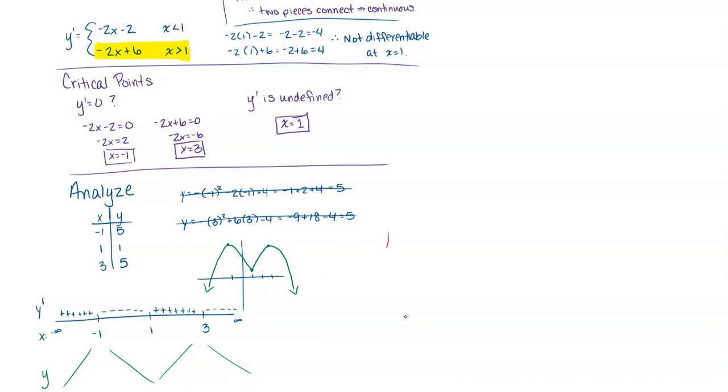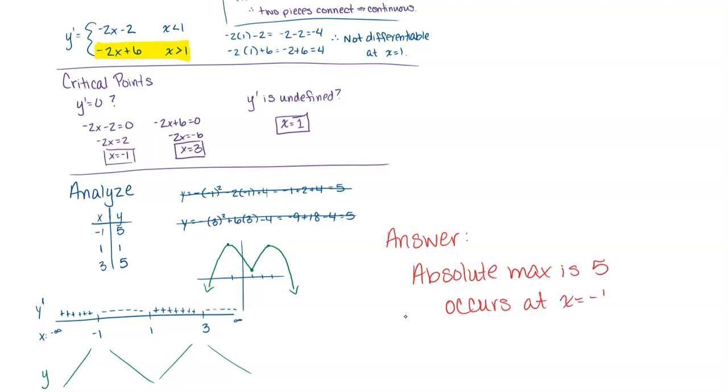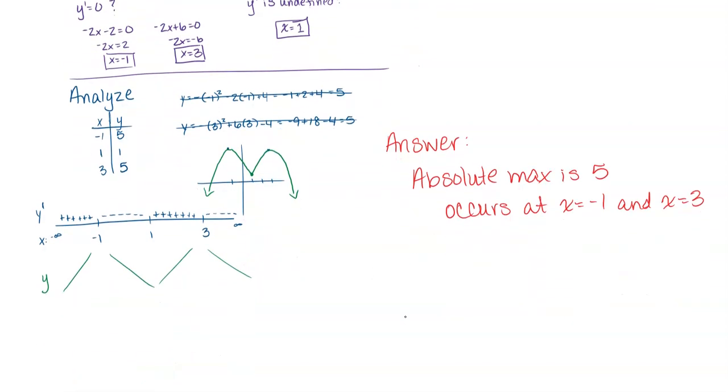So to actually answer the question here, we have an absolute max at 5, and that occurs at x equals negative 1, and again at x equals 3. So those 2 points tied for absolute max.